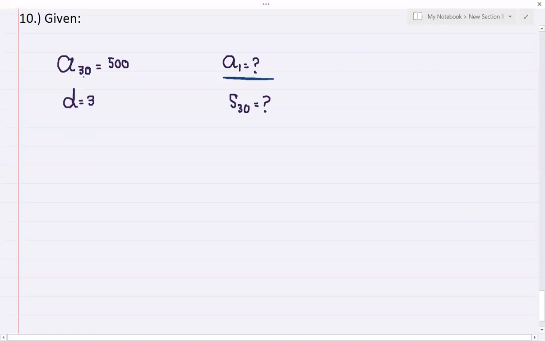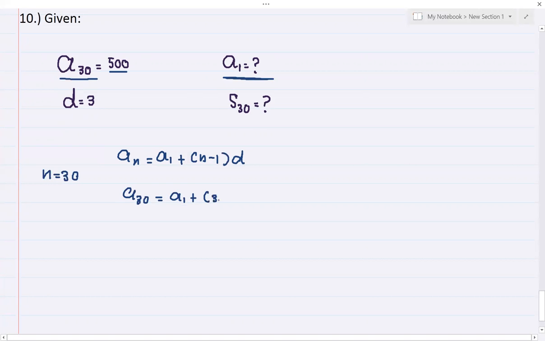Okay, so first, we're going to use the formula a sub n is equal to a sub 1 plus quantity n minus 1 times d. Since we have a sub 30 as your 500, therefore, your n is equal to 30. So we will have a sub 30 is equal to a sub 1 plus quantity 30 minus 1.